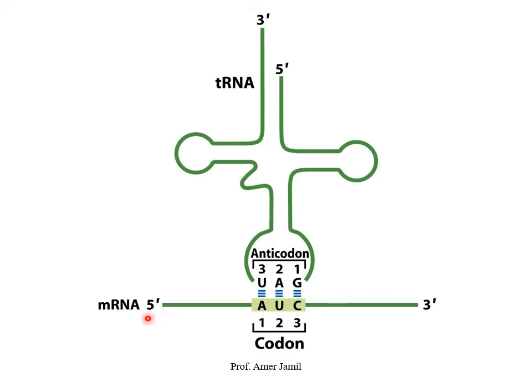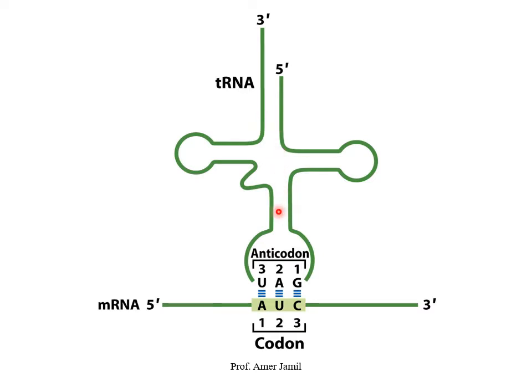By convention, this messenger RNA is written in the 5' to 3' direction. So the 5' end of the transfer RNA is on this end because of the anti-parallel nature of these two molecules, because they both run anti-parallel.